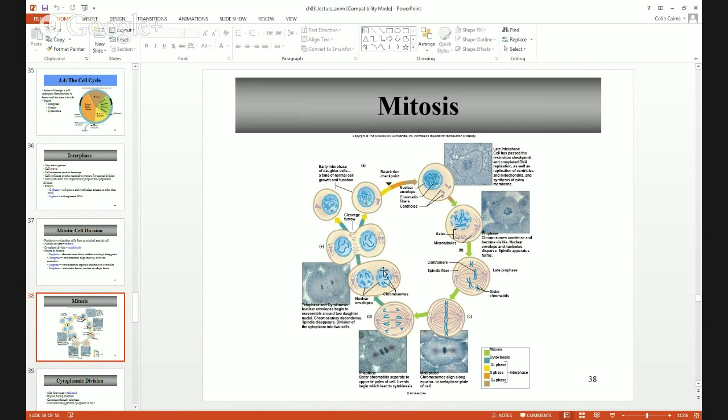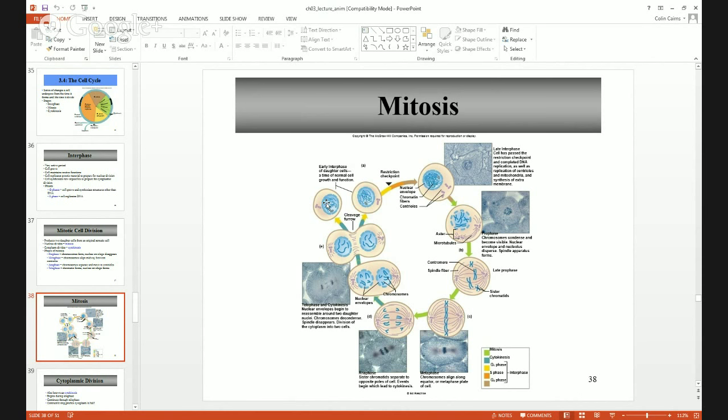The chromosomes decondense, the spindles disappear, and we have the division of the cytoplasm into two cells. And then a cleavage furrow is formed as the nuclear envelope continues to form. And eventually that furrow breaks apart, and we now have two daughter cells.